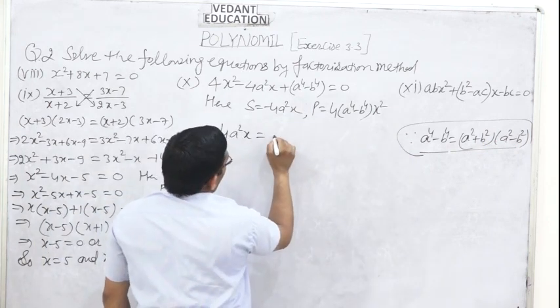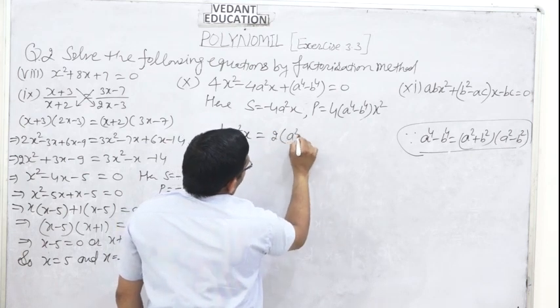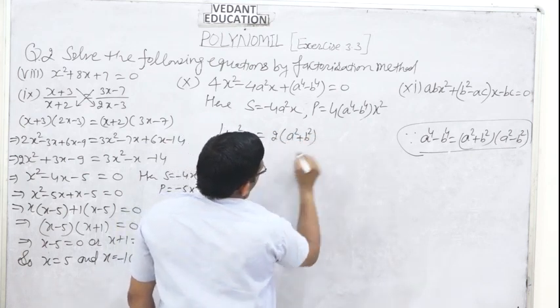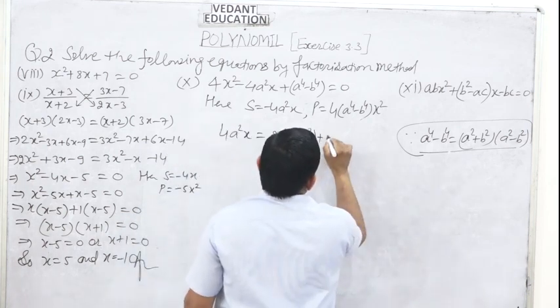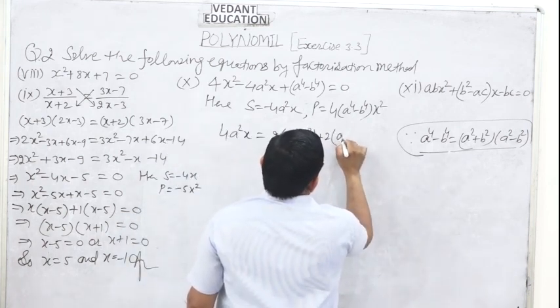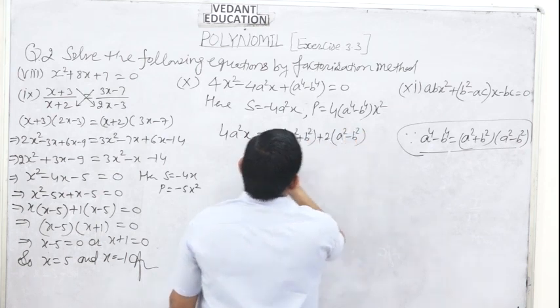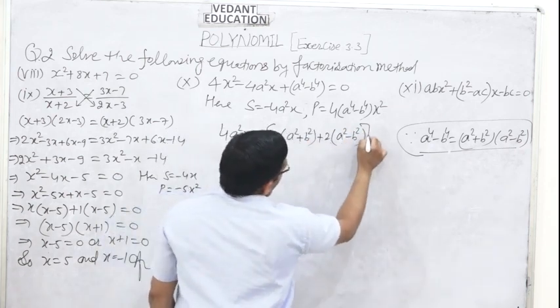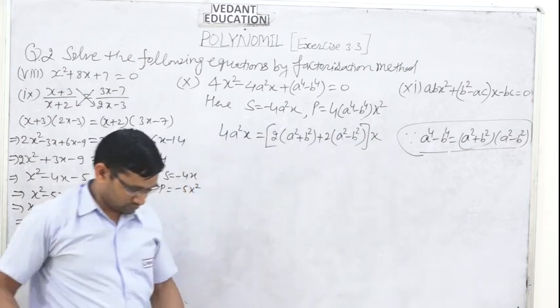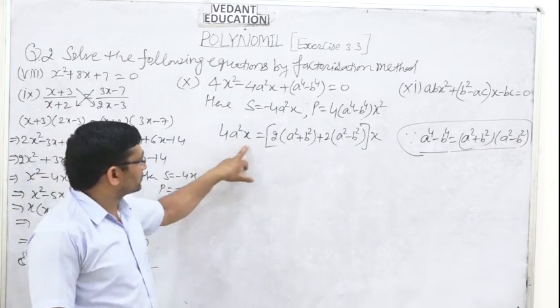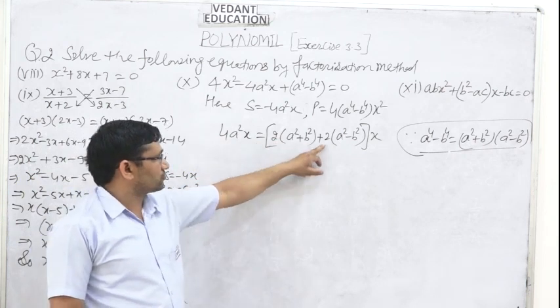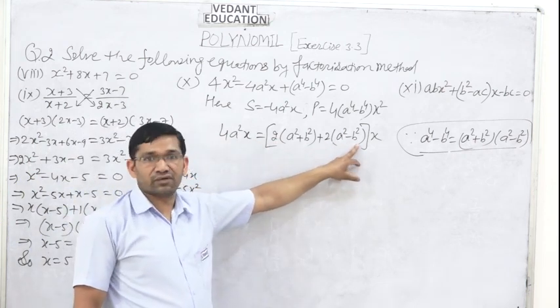So 2 into a square plus b square plus 2 into a square minus b square. We can write 4a square x is equal to 2 into a square plus b square plus 2 into a square minus b square.